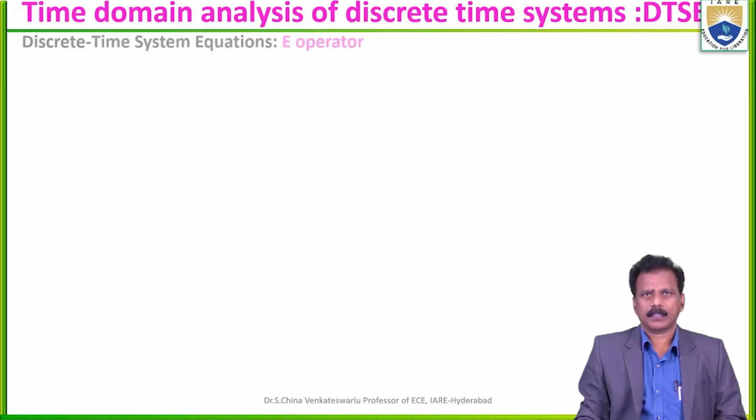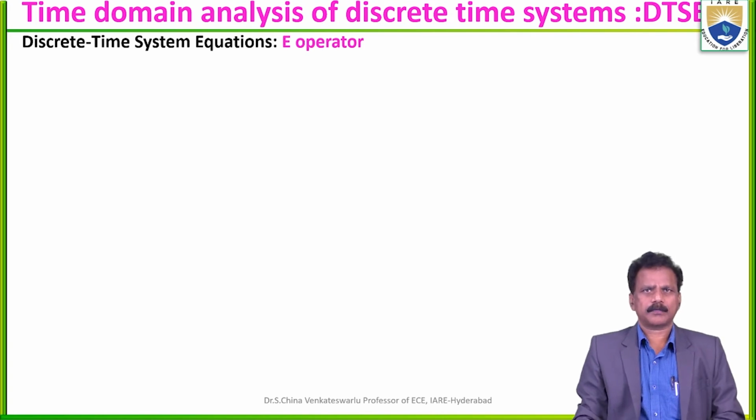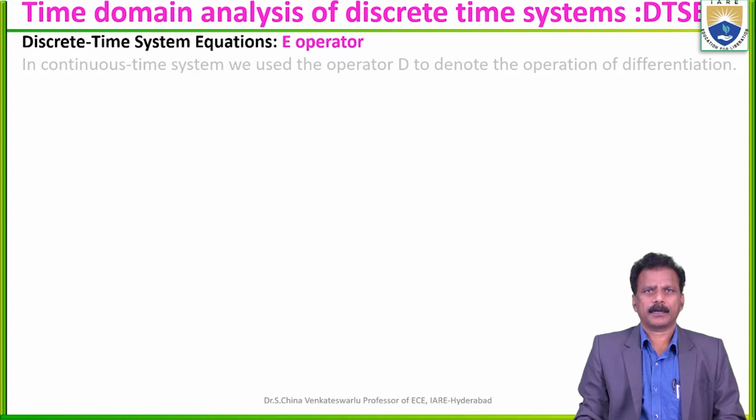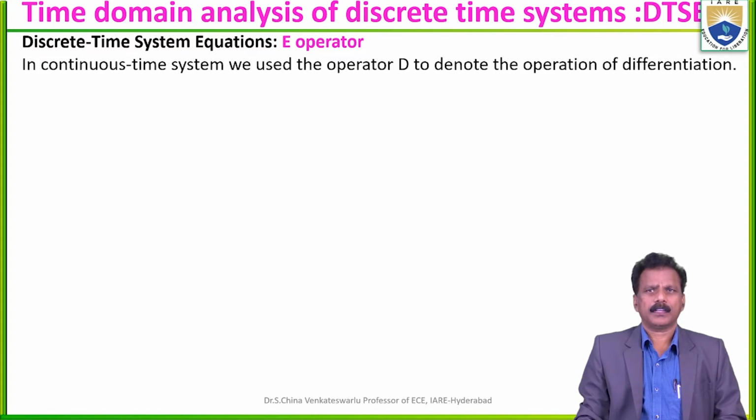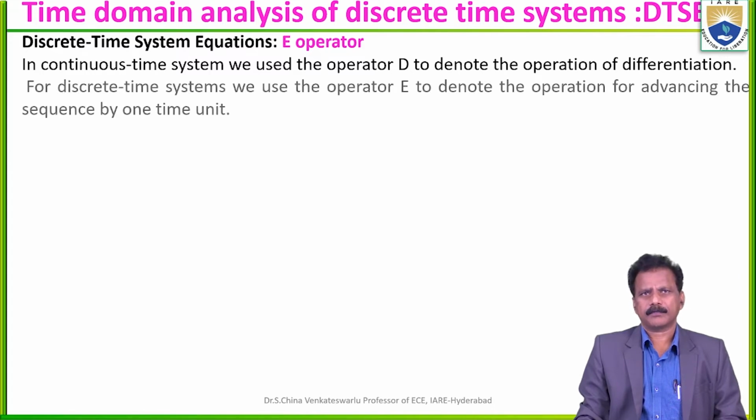Okay, next under DTS, we would consider the same discrete time system with the E operator. In continuous time systems, we used the operator D to denote differentiation. For discrete time systems, we use the operator E to denote advancing the sequence by one time unit.